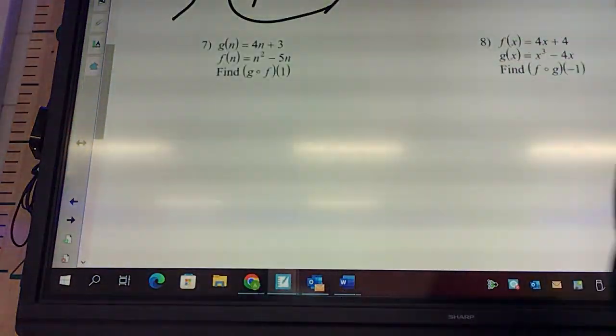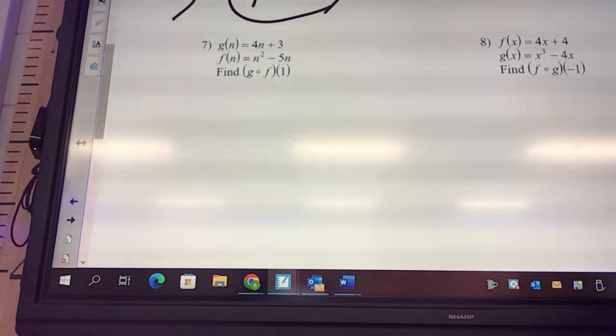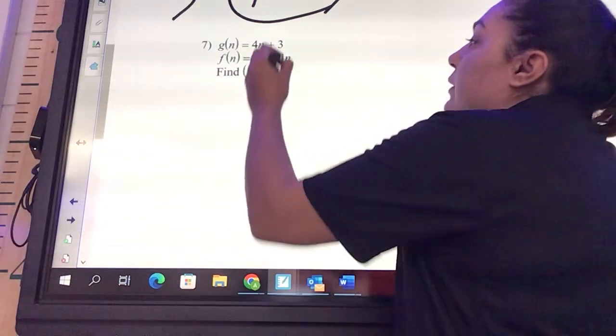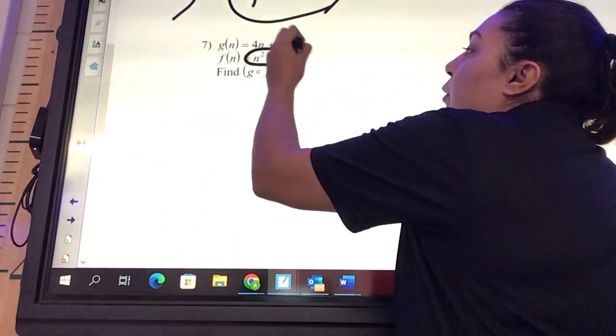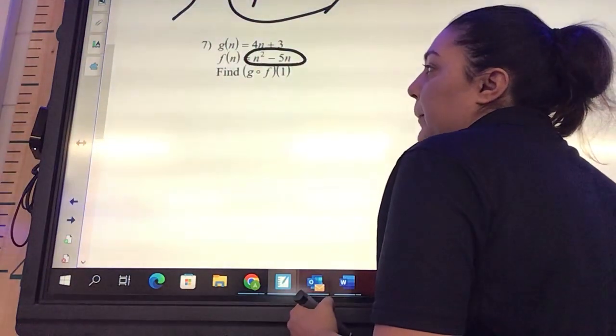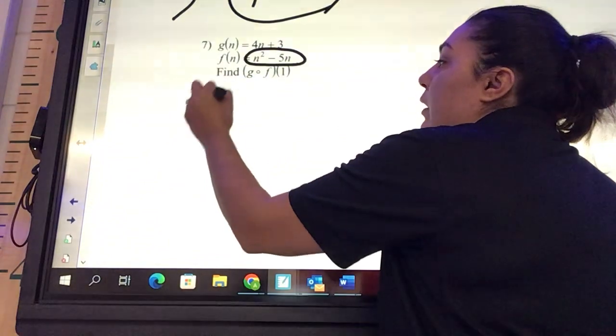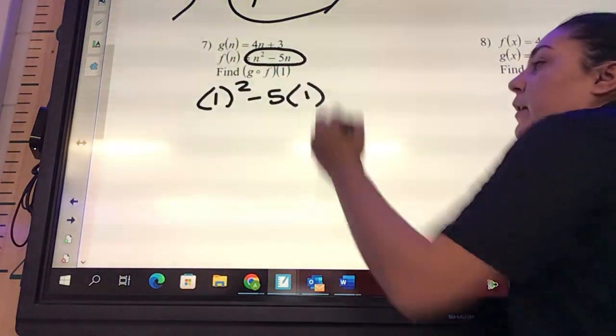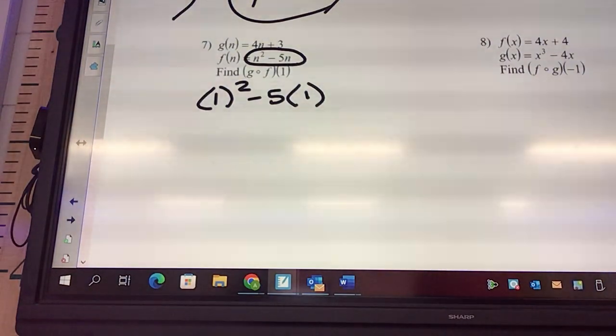Okay, look at 7. What am I finding first? F or G? F for sure. Okay, so we're going to take this and we're plugging in what? 1. So we're going to say 1 squared minus 5 times 1. Okay, plug that in your calculator.